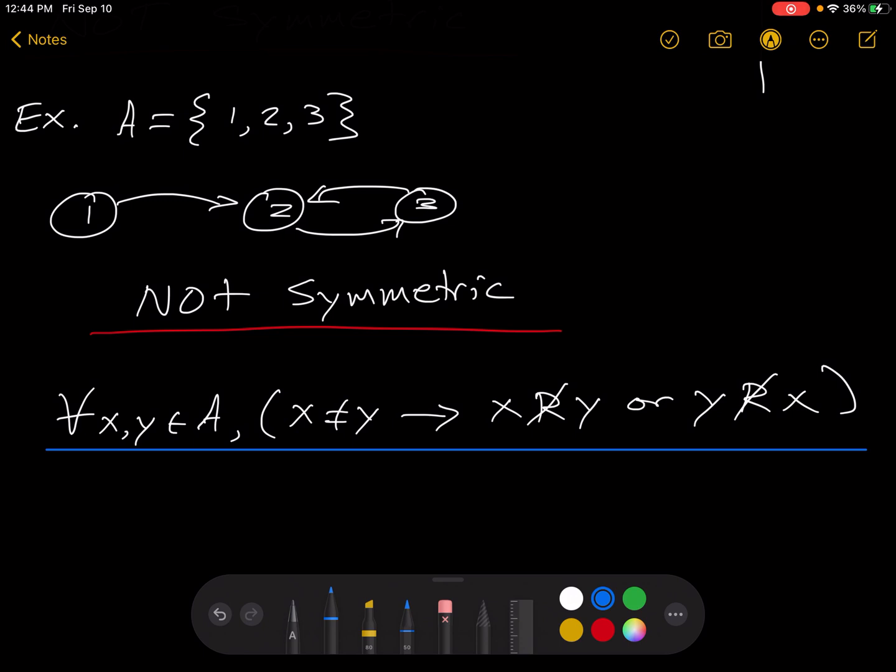Now, this is a for all, right? This is a for all. Remember, how do you disprove a for all? You find a counterexample. So let me find a counterexample to this. And that counterexample resides right here.